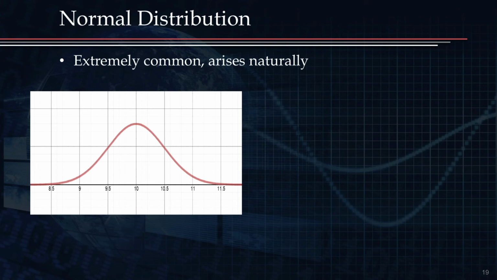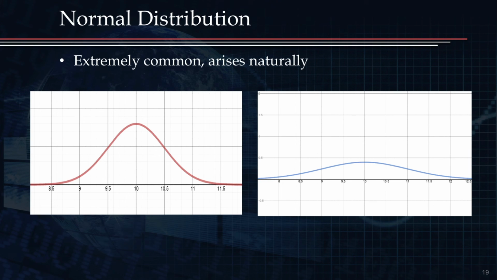Now the expectation doesn't have to be 10, you could shift this curve wherever you'd like. And there also is another parameter for the variance, which you remember we talked about in the last video. For example, you might have a random variable with the same expectation, 10, and it may still be a normal random variable, but it may have a higher variance here. And so you see that the spread is much wider than in the first case.